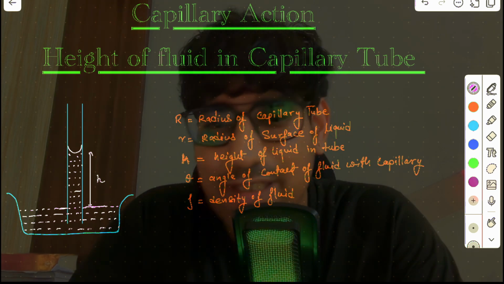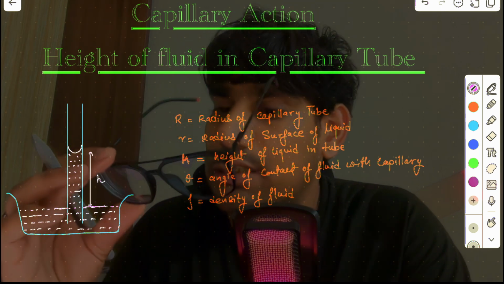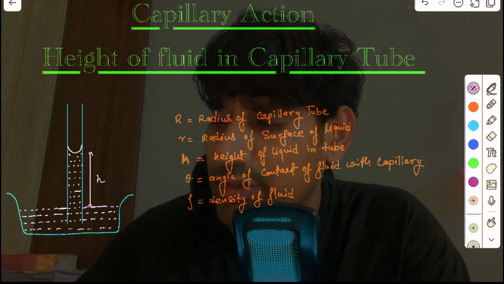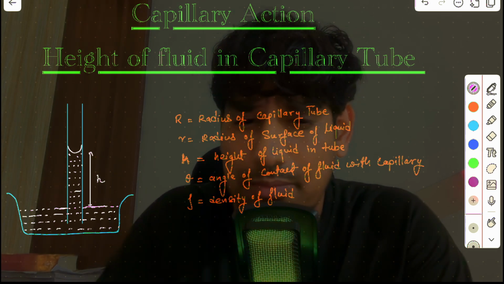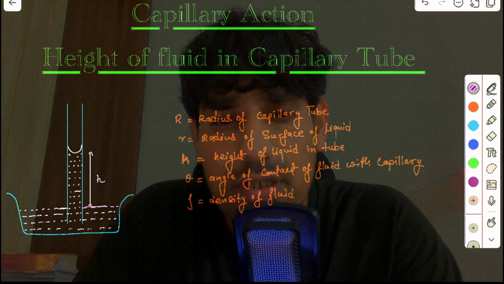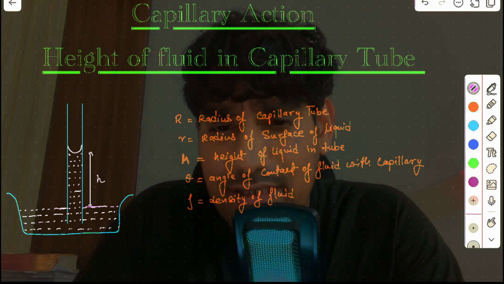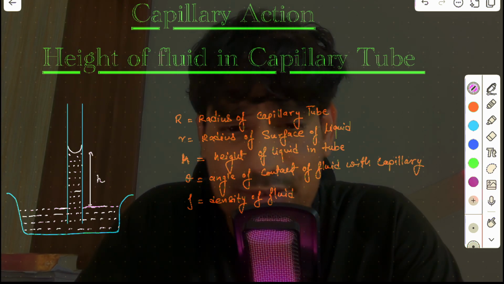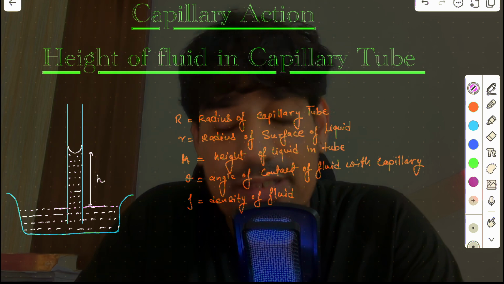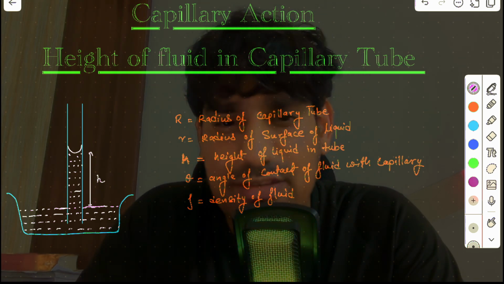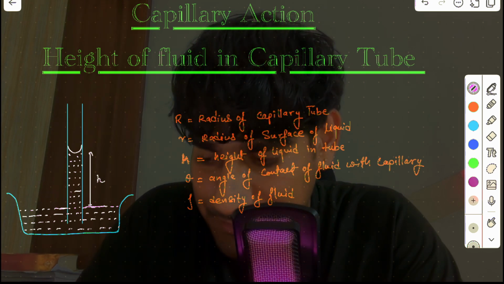With the help of capillary action, where the fluid rises and comes up. The reason behind this is, as we know, the cohesive and adhesive forces. The adhesive forces between the surface of the glass tube and the liquid attract in the upward direction, so because of that it is going to rise.